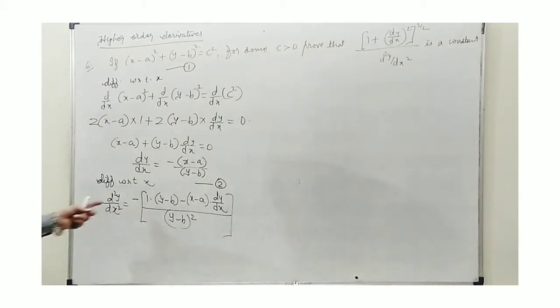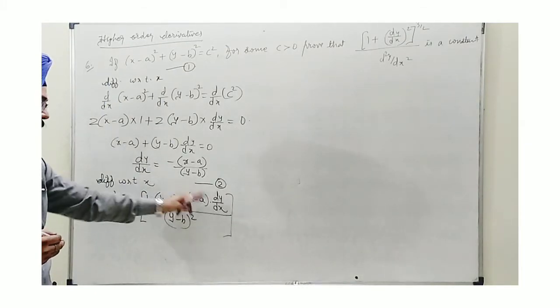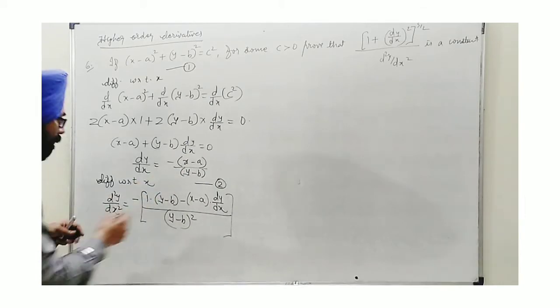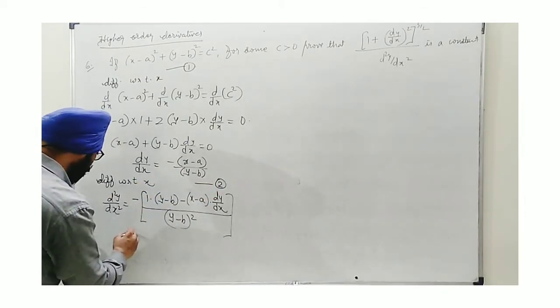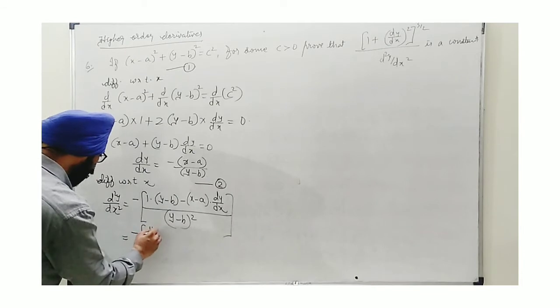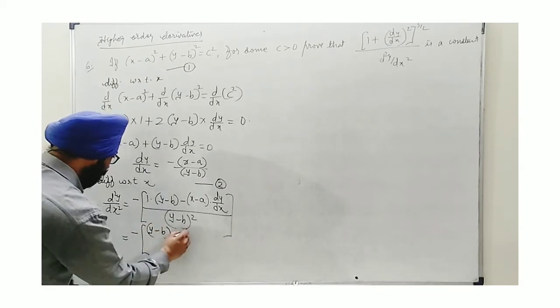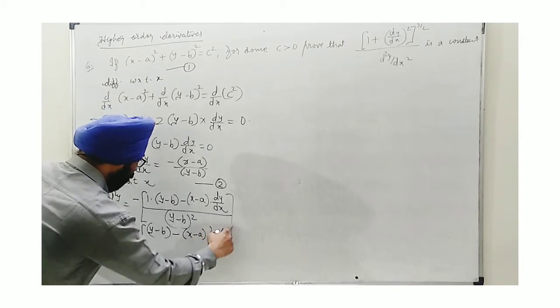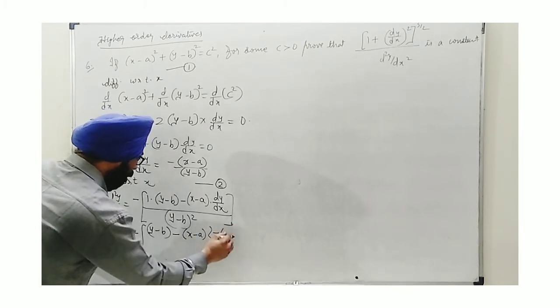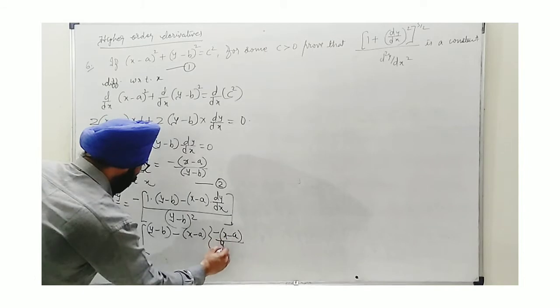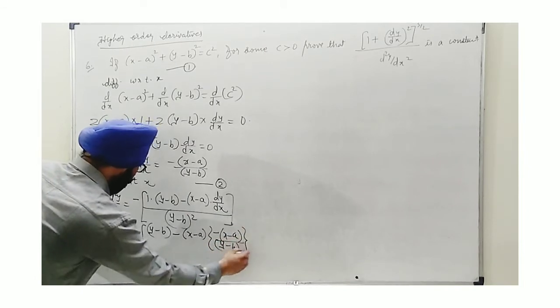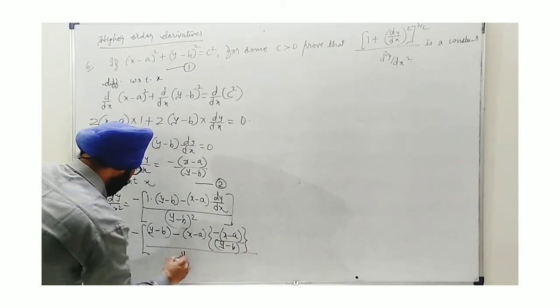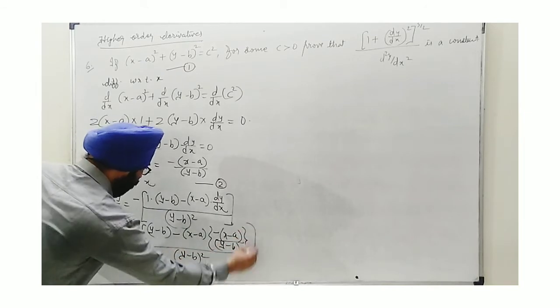To simplify this one, we need to put the value of dy/dx which we have obtained in the second equation. So while putting, we have y minus b minus x minus a, and here we can write minus of x minus a upon y minus b, and in the denominator y minus b whole square.